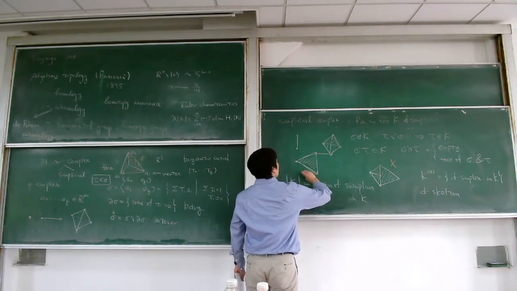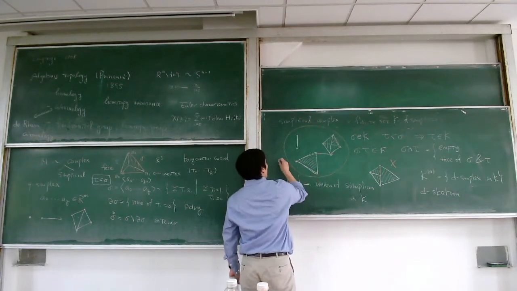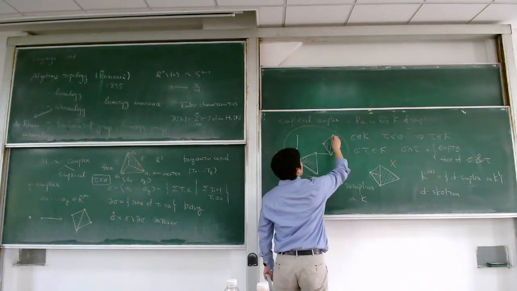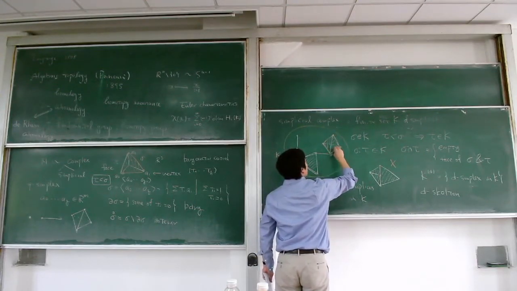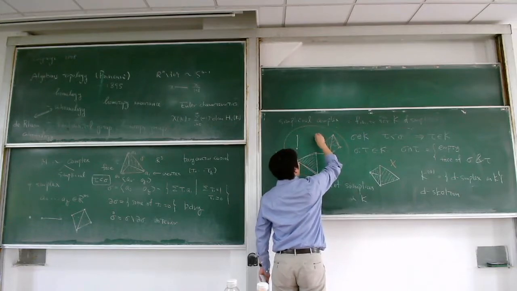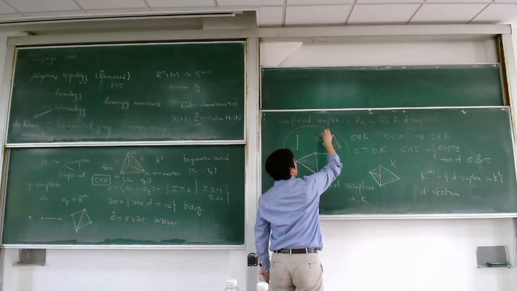In this example, if you consider this as K, K_3 is this one, the 3-skeleton.